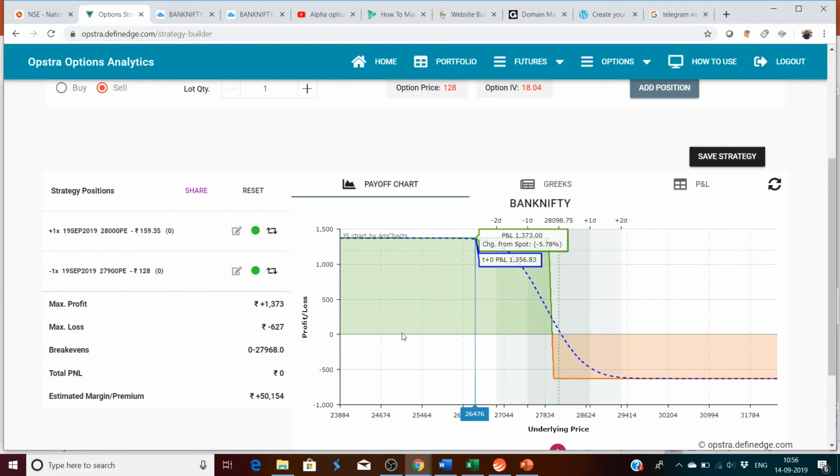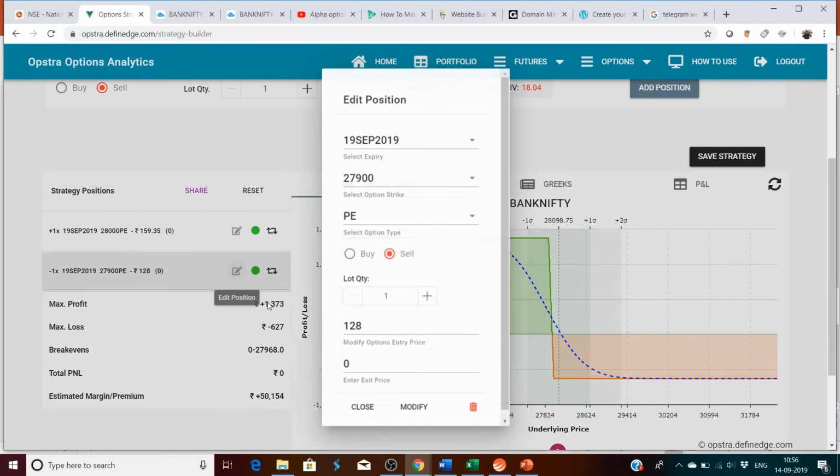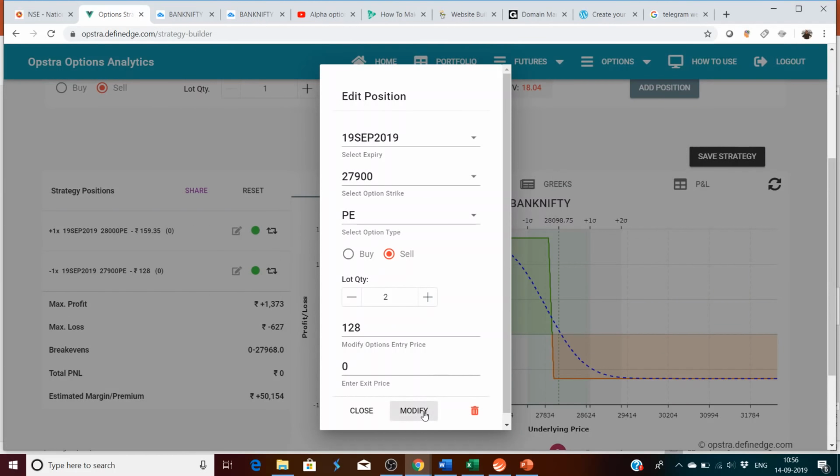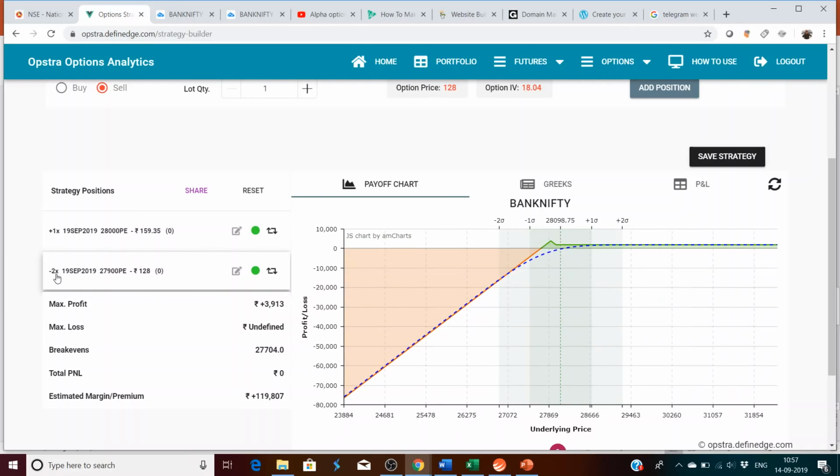So if you want to further fine tune this, like if suddenly the direction changes and the market starts going the other way, instead of taking this 627 loss, what you can do is change the direction by adding one more on the sell side. So initially you have sold one put.